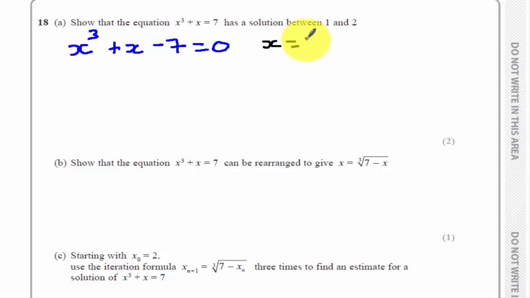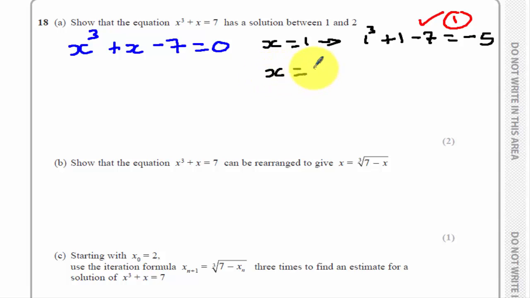you find a solution. So when x is 1, I'm going to get 1 cubed plus 1 take 7. 1 cubed plus 1 is 2, take 7 is minus 5. There's my first mark. And then when x is 2, I'm now looking for a positive answer.